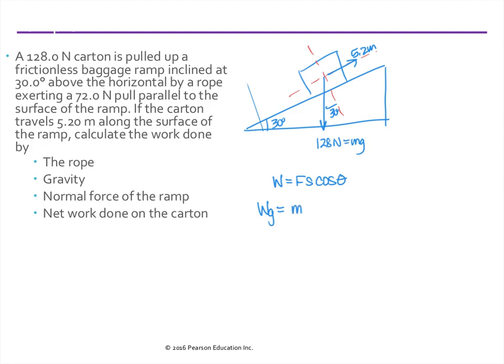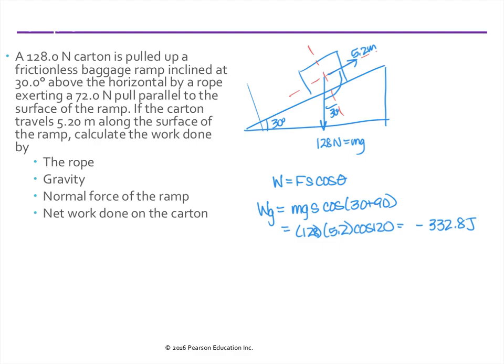We have mg times the displacement, and then the angle between them is 30 plus 90, which of course is 120. And I'll get minus 332.8 joules. So that was the plug and chug approach.